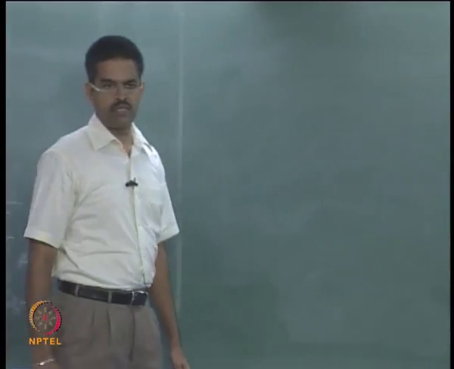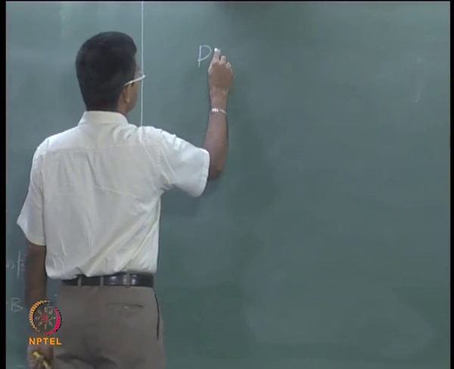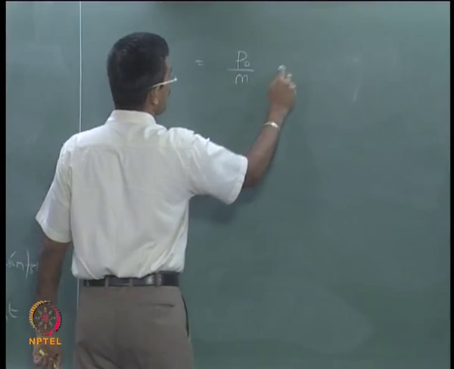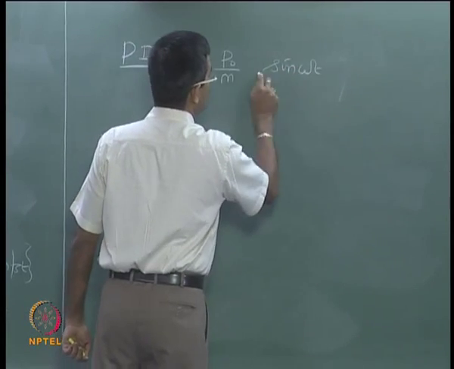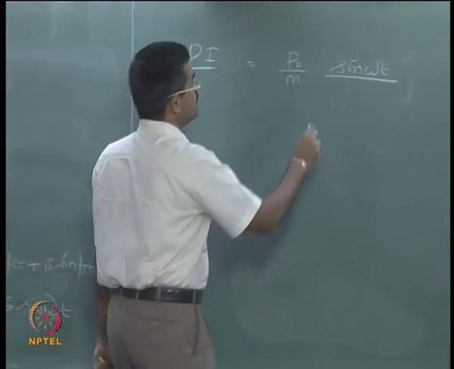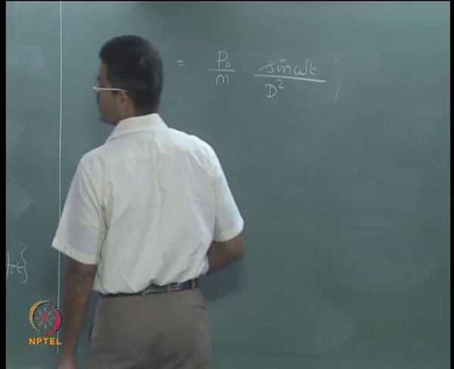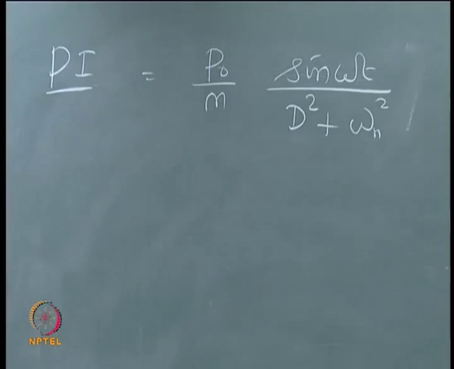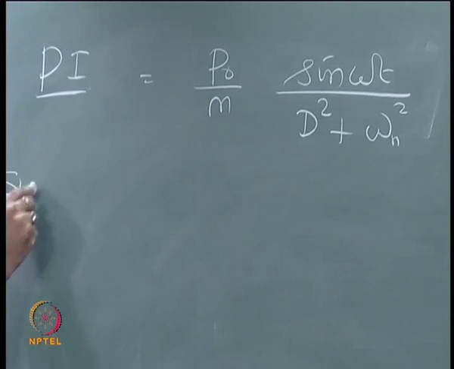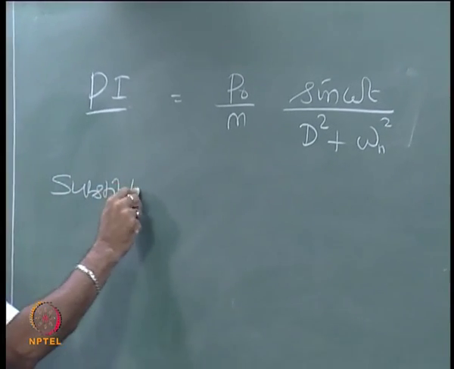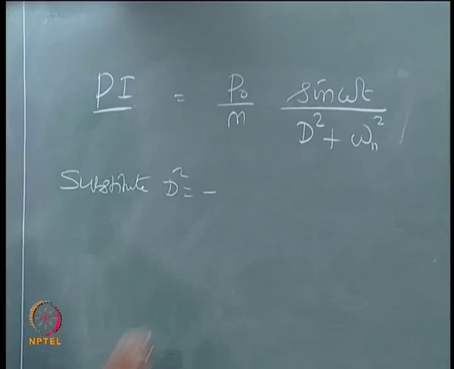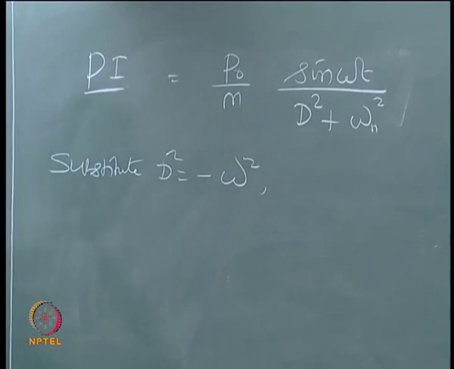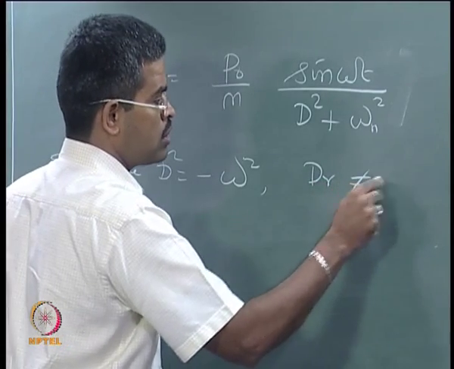The second part of the answer starts from particular integral. It is nothing but P naught by m sin omega t by d square plus omega n square. So the procedure is substitute d square as minus omega square in this equation, provided your denominator should not become 0.